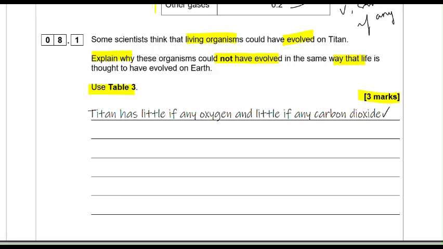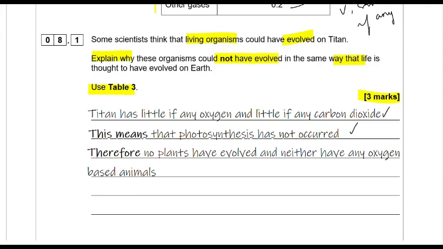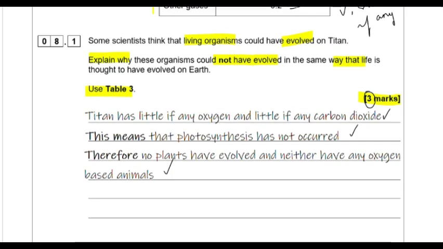That would be our first mark. And because it's an explain, we need those connectives. This means that photosynthesis has not occurred. If it had, there'd be some carbon dioxide to make it happen or some oxygen produced. Therefore, for the third mark, no plants have evolved and neither have any oxygen-based animals.